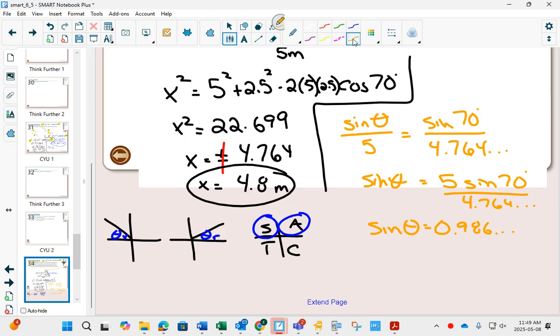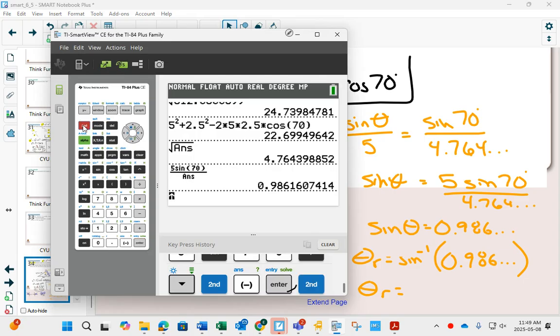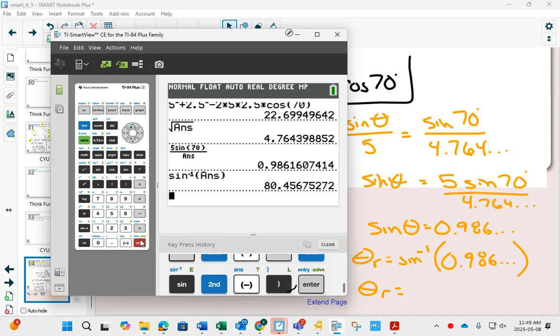How do we find a reference angle? By doing sine inverse of the positive, which is already positive. So my reference angle, I go to my calculator, and I go second sine inverse of this answer. My reference angle is 80.45.